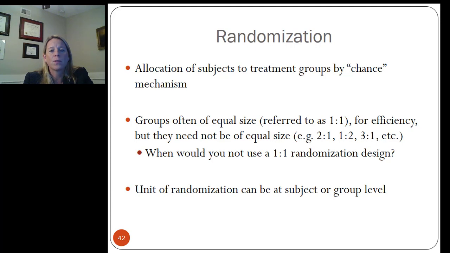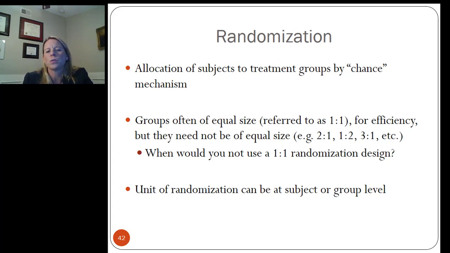group. However, for efficiency purposes and sometimes for concerns of safety, randomization ratios may be in a non-1-to-1 ratio. For example, we could have a 2-to-1 randomization ratio where for every 2 subjects enrolled to the treatment arm, 1 subject is enrolled to the control arm.